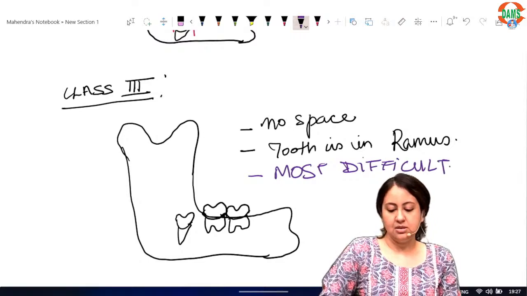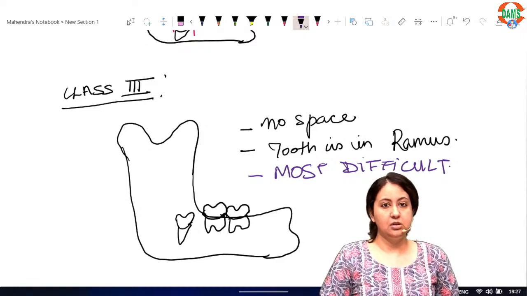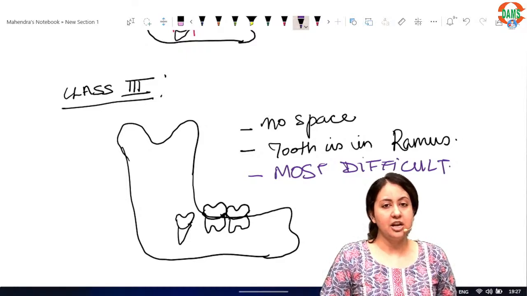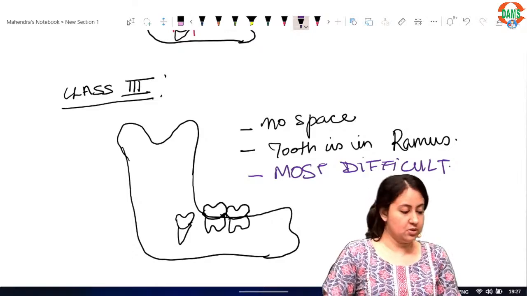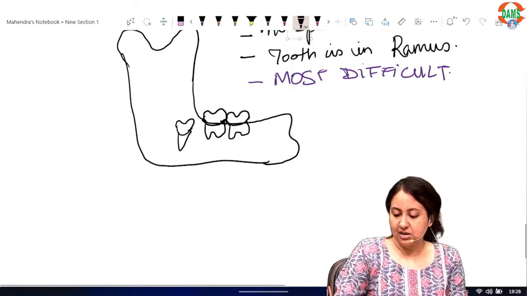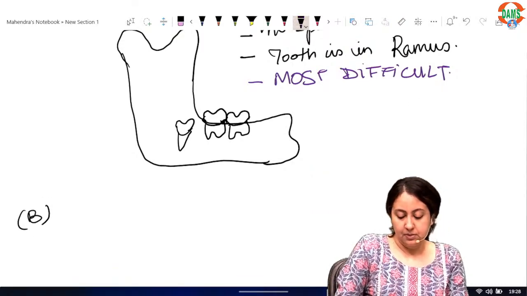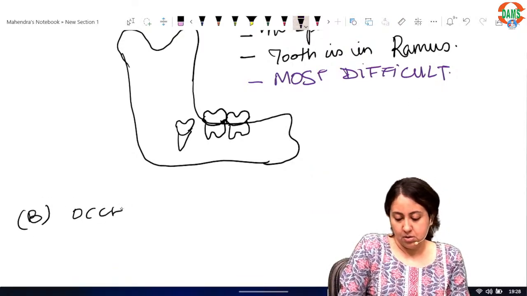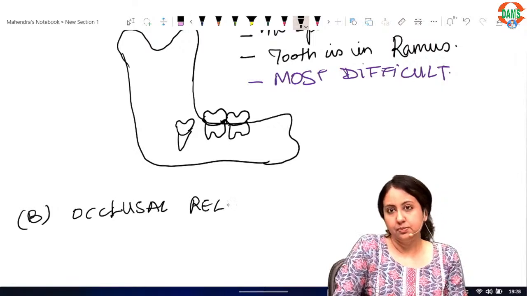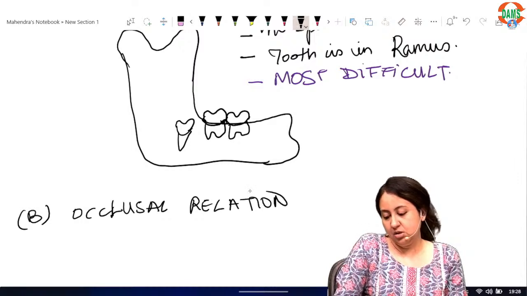Okay, class 3 is most difficult. So this was the Ramus relationship. Now the next component of Pell and Gregory classification is occlusal relationship.